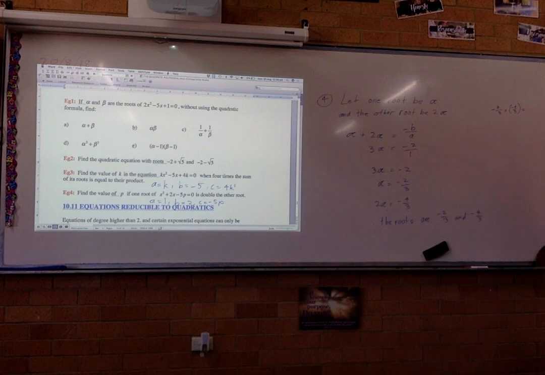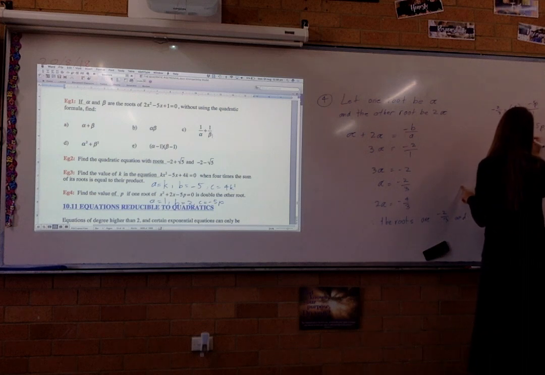The product is going to be c over a, right? C is minus 5p, a is 1. Multiply them together, 2 times 4 is 8 over 9 equals minus 5p. So in other words, divide both sides by negative 5.